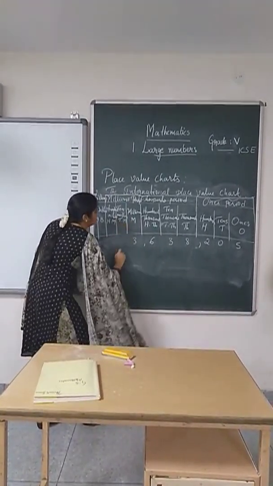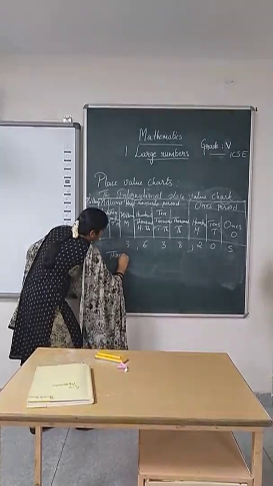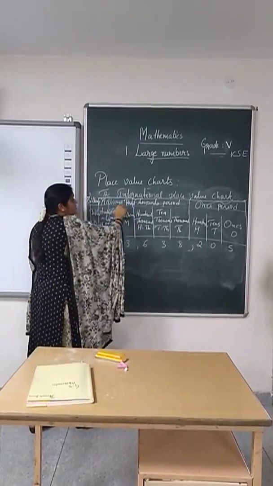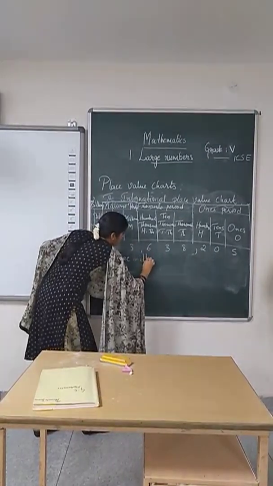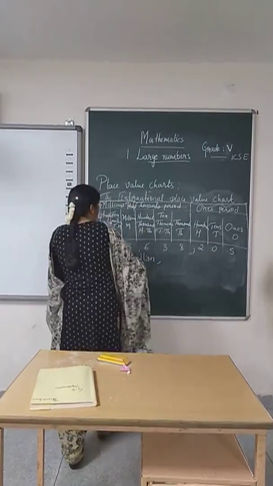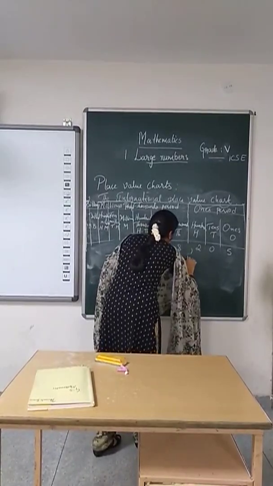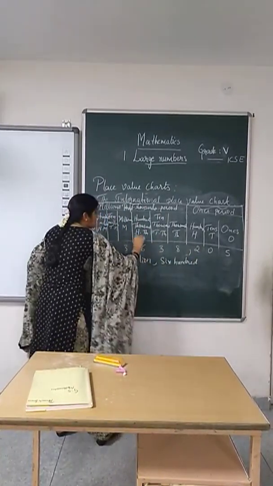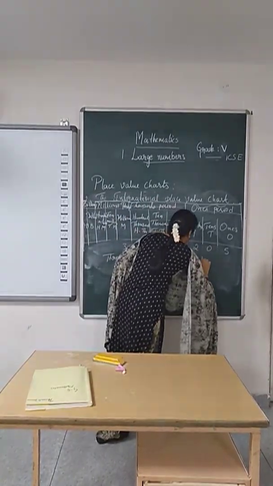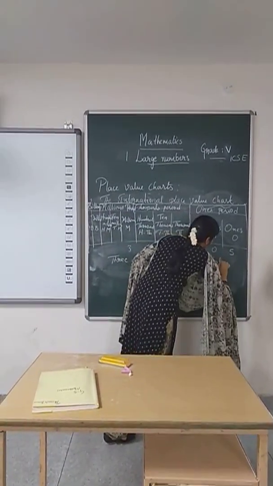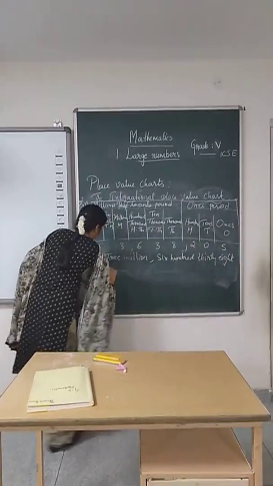While reading a number, you need to read it as 3, and say the name of the period, which is millions period here. 3 million, comma, 638,000.